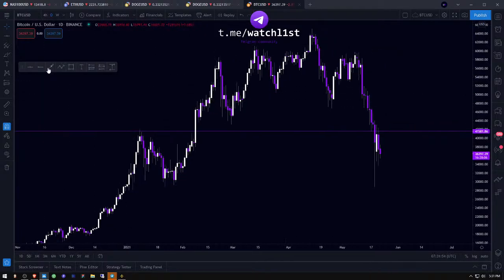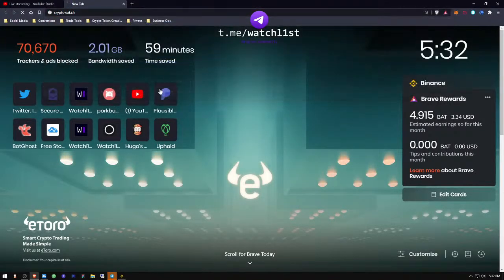So yeah, these are the main tools that I use, and I do use TradingView to analyze charts. Sometimes I'll, for example, utilize a service called Crypto Watch.